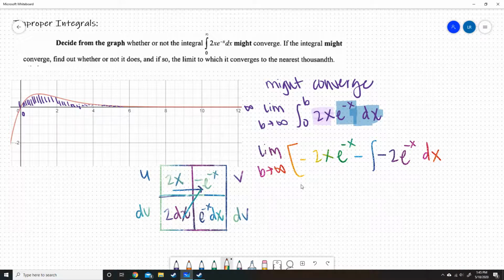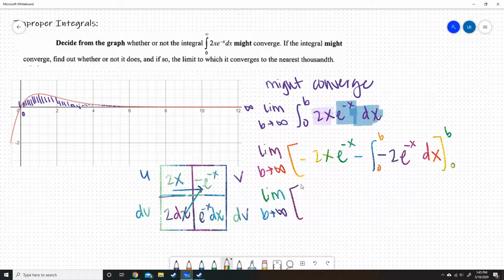And we are still integrating from 0 to b here, and of course we're going to evaluate it from 0 to b. This notation gets a little bit ugly, but that's okay. Now it's a matter of simplifying and dealing with this last part of the integral.